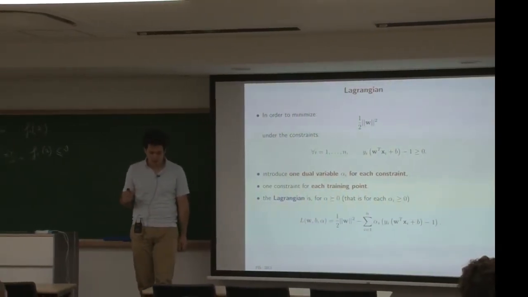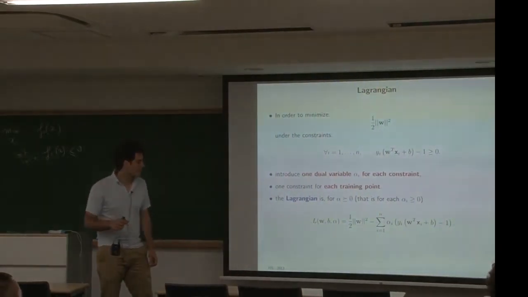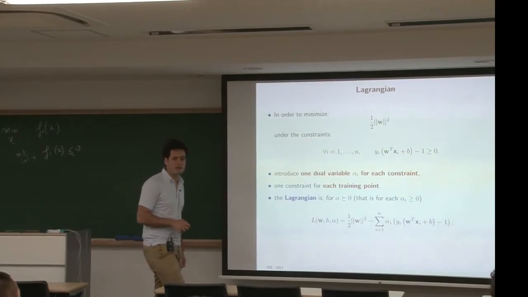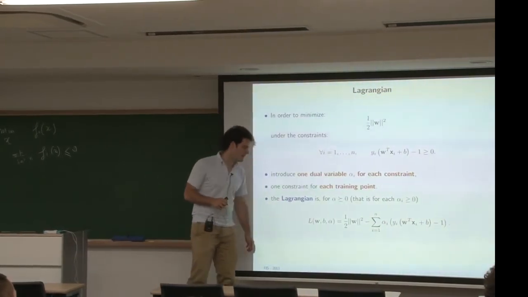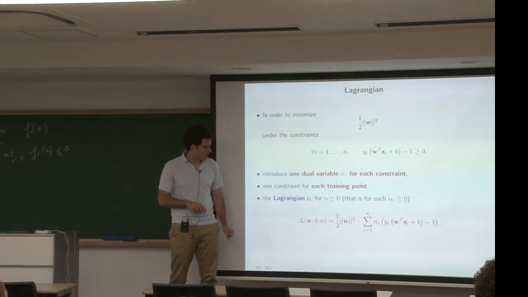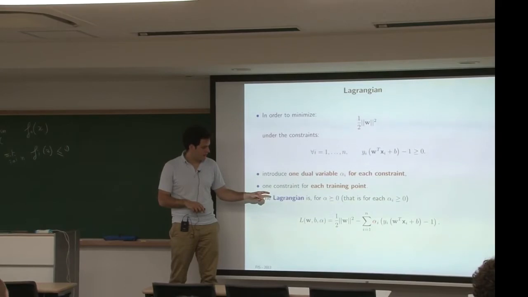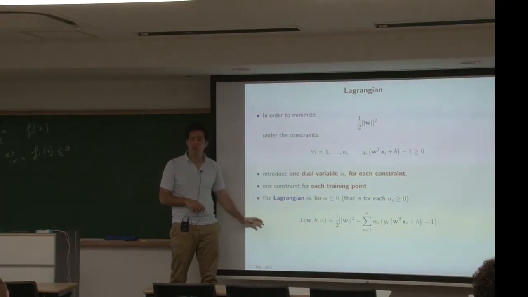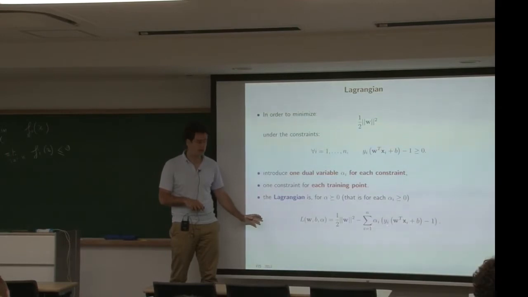So let's just assume for a second that there's an alpha i here which is infinite, for instance. If this alpha i is infinite, then if this is positive, it will bring down the objective very low, so that will be fine.